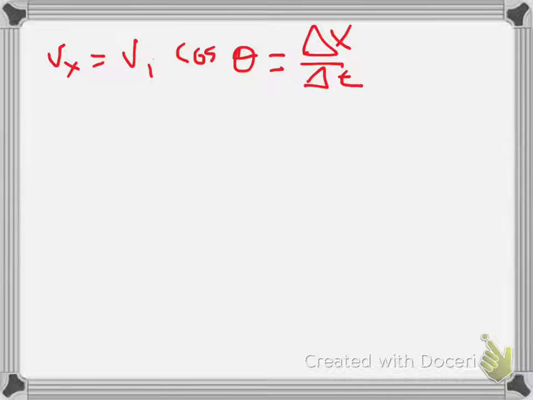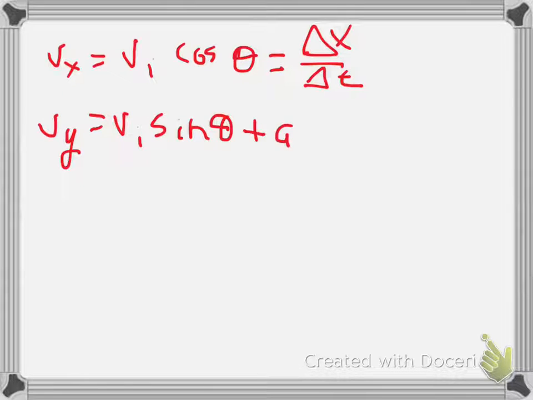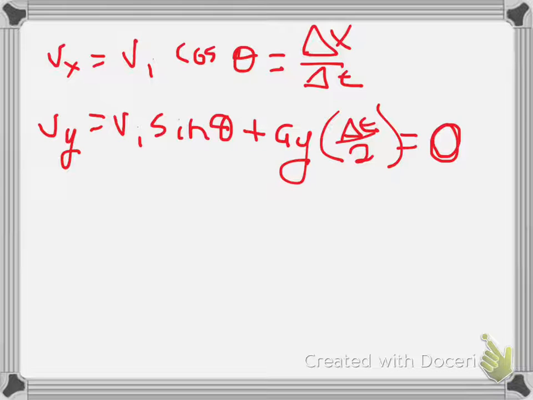So we can write the equation: velocity of y is equal to initial velocity sine of theta plus acceleration of y times half of the time, which we know also equals 0, because at the top of this arc the velocity of y is equal to 0.